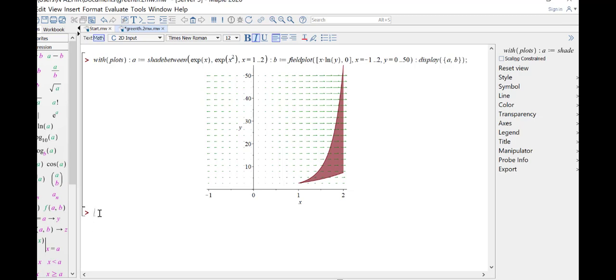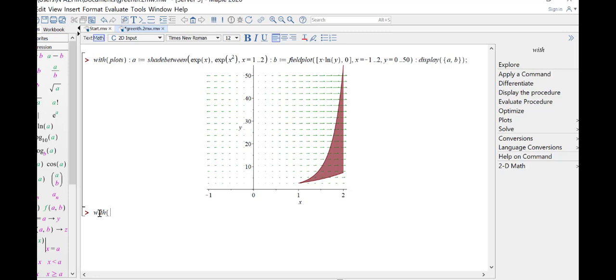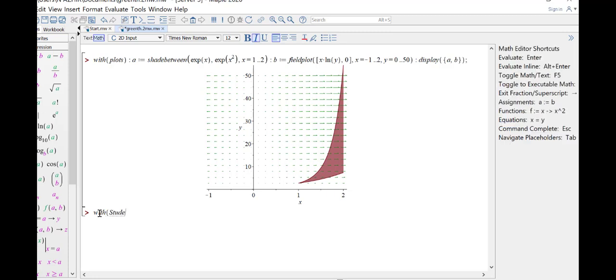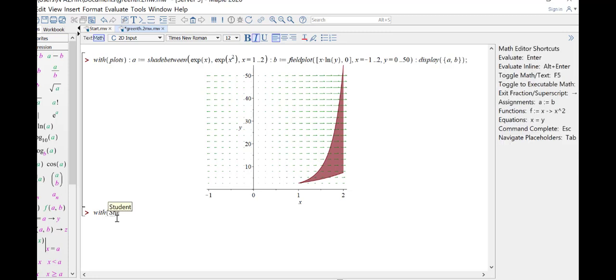As the students before used, I use with student multivariate calculus. I want the integral, that is, use multi-int. Multi-int is used when we want the integral of something over a region.